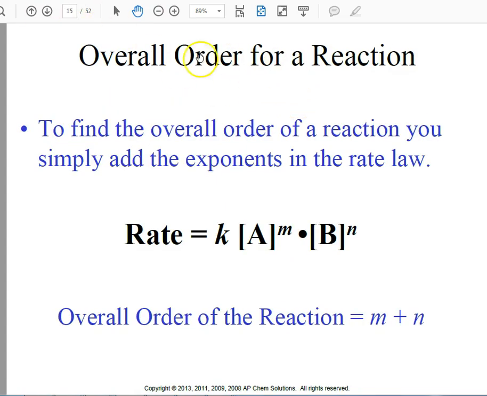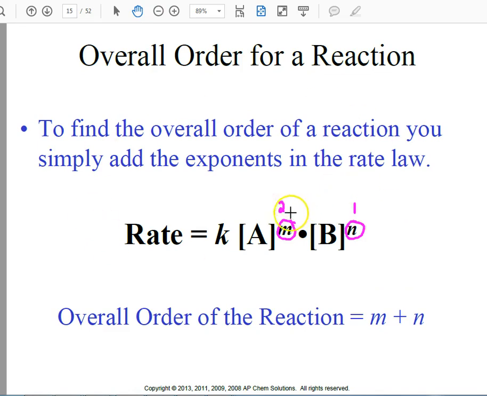The overall order for a reaction is found by just adding up the exponents of your individual reactants. So if you have 2 reactants, and let's say the first one's first order and the second one's first order, then you would just say 1 plus 1 is 2. So the whole reaction is second order. But if your first one is second order and your second one is first order, 2 plus 1 is 3.